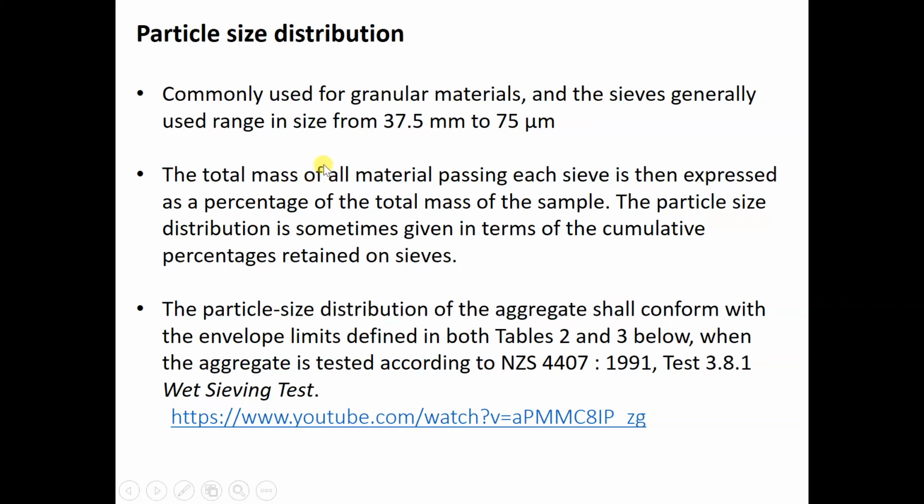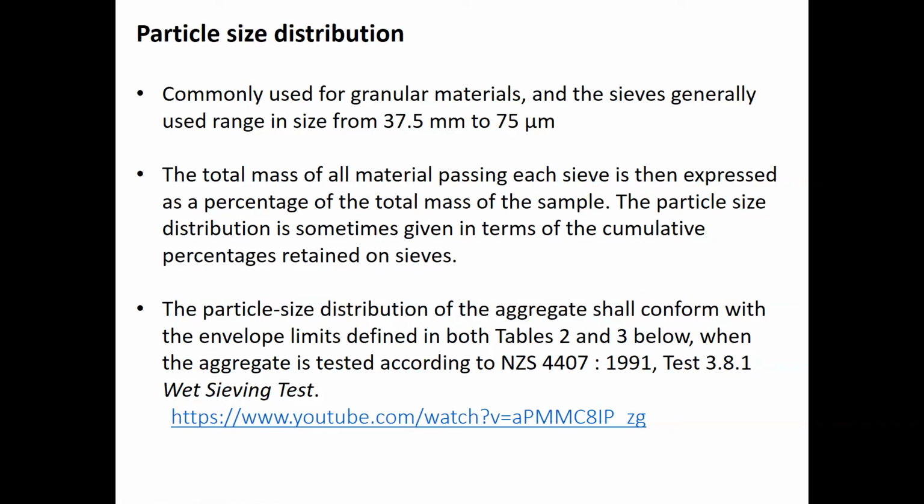Okay, the total mass of all material passing each sieve is then expressed as a percentage of the total mass of the sample. The particle size distribution is sometimes given in terms of the cumulative percentage retained on the sieve. So how much is retained on each sieve, divided by the total mass of the sample. Let's say you use 1 kg.